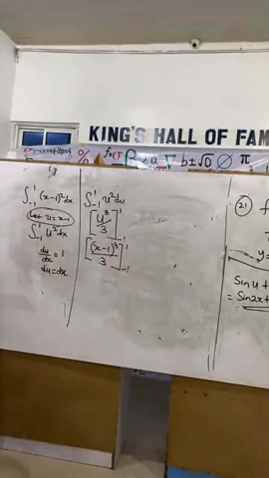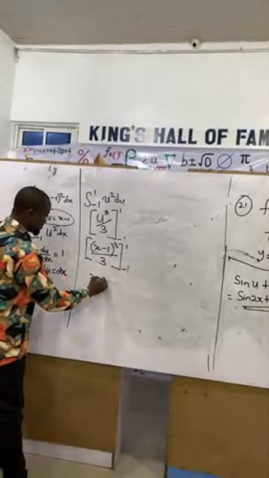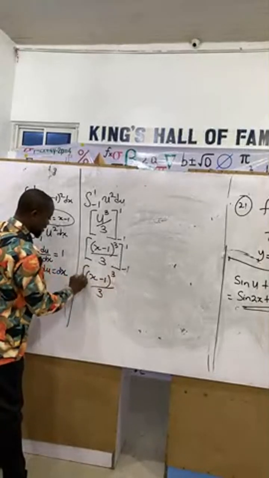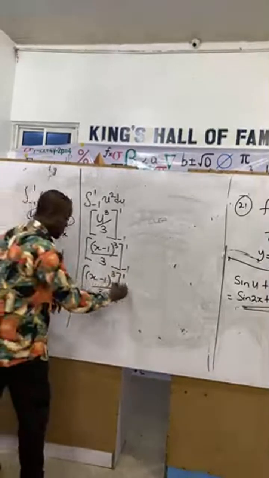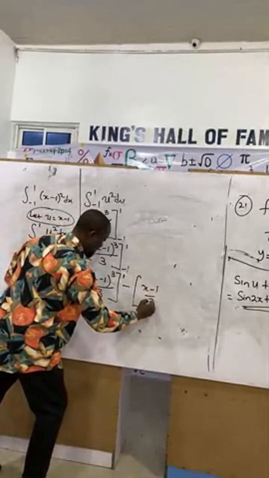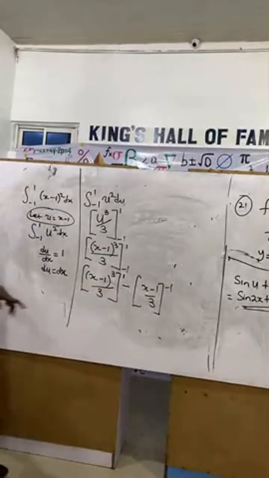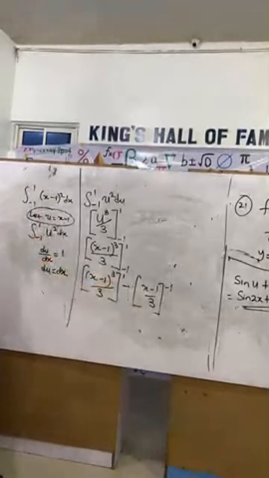So at this level now we can substitute the upper and the lower limits of the integral. So this will now be (x minus 1) to the power of 3 over 3, then write 1 on one side minus (x minus 1) to the power of 3 over 3, where you now put minus 1 on this side. So wherever I see x, put 1.